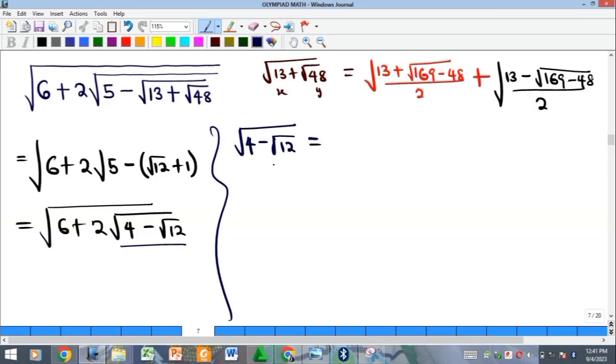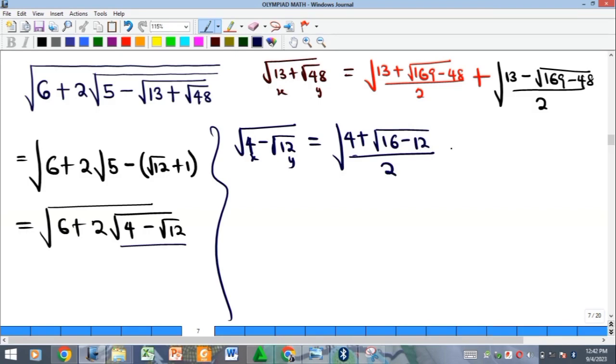Now remember I said when it is minus, then this place will be minus. So our x is 4, remember that, and our y is 12. Square root of 4 plus the square root of the square of 4, which is 16, minus our y, which is 12. You can close here, all over 2.